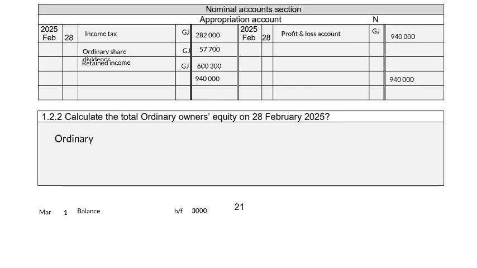Ordinary share capital plus retained income equals, so it will be the 855,000 plus the 802,300 and that gives us a total of 1,657,300 Rand.